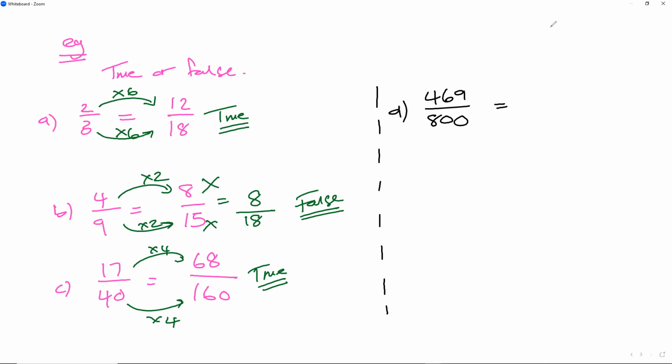This one's a little bigger. Feel free to use a calculator to help you.